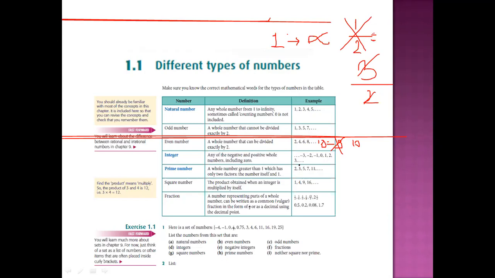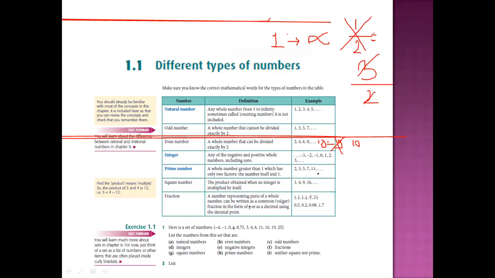It should be divisible by only two factors, 1 and itself. 2 over 1 is 2, and 2 over 2 is 1. So the answer must be an integer.